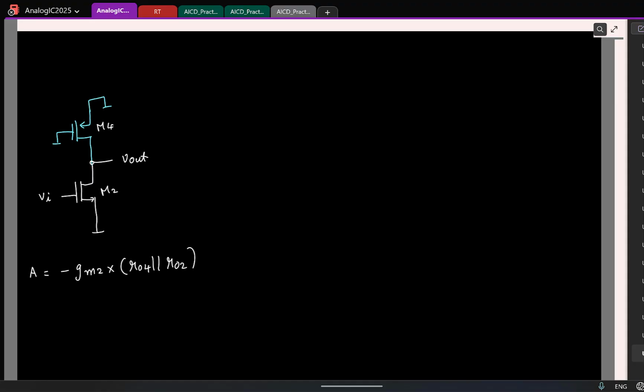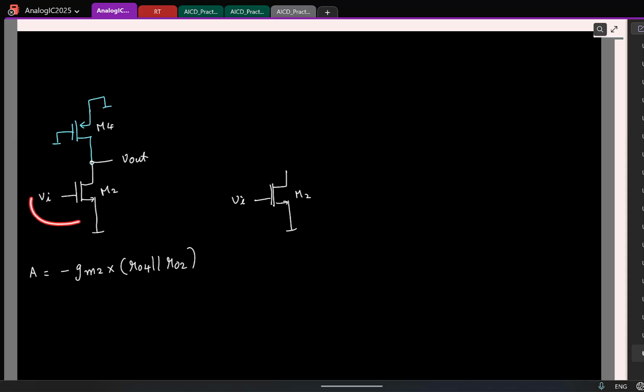Okay. So now let us say I wanted to make a current source and I used a single PMOS transistor. The output resistance of that is just R0. Now I want to make this a better current source. What do you suggest we do? You current buffer it and make a cascode. So let's try that. Let us say on the NMOS side we have this transistor.